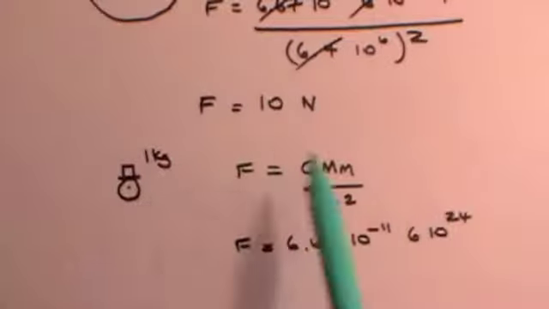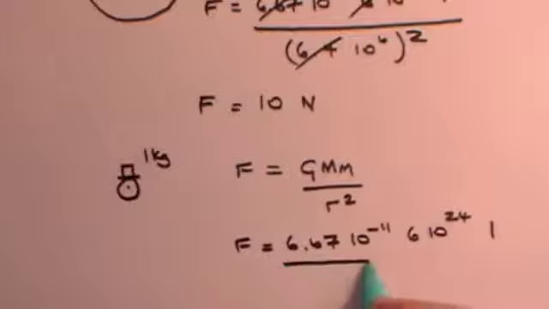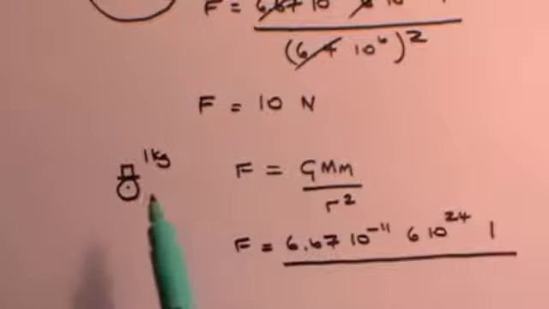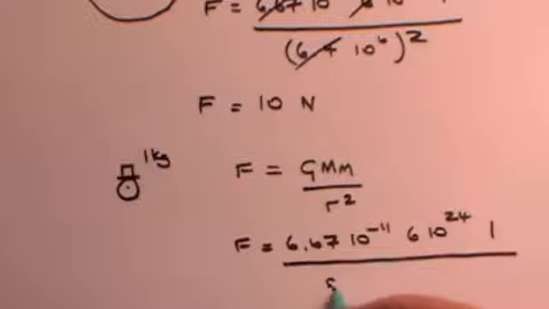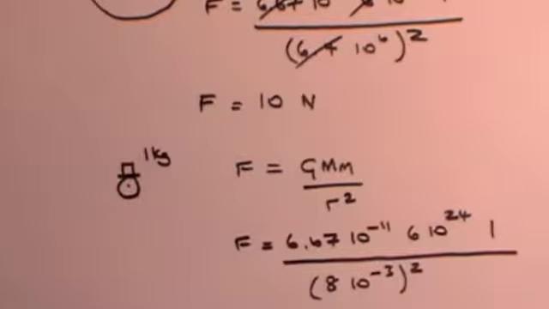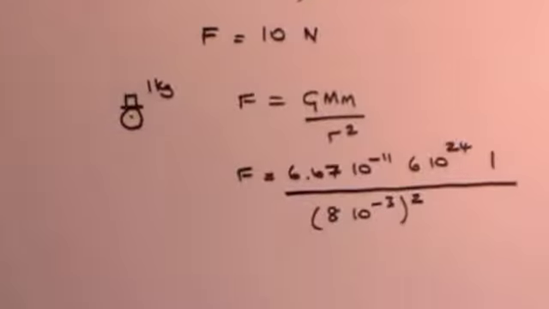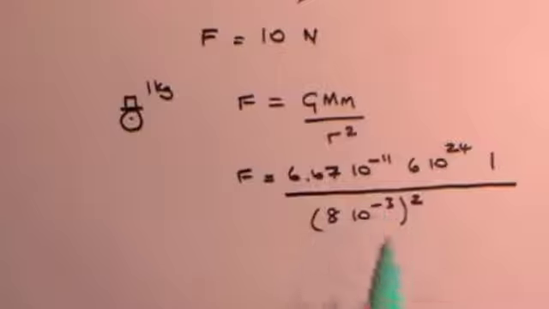Times the mass of, this is little m, times the mass of the 1 kilogram weight, which is 1, divided by r squared. But r now is 8 millimeters because we've squashed the Earth down to 8 millimeters. Well, that's 8 times 10 to the minus 3 squared. Now let's see if we can calculate that. We've got 6 times 6 divided by 8 squared. Look, let's just call that a half.